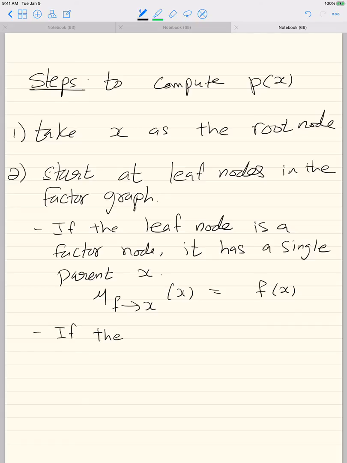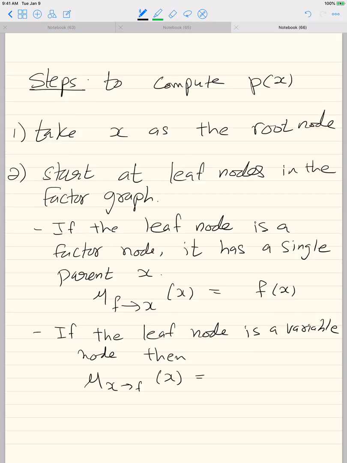If the leaf node is a variable node, then what you do is you set all the outgoing messages to equal 1 for all factors in the neighboring set, all the neighbors of x.